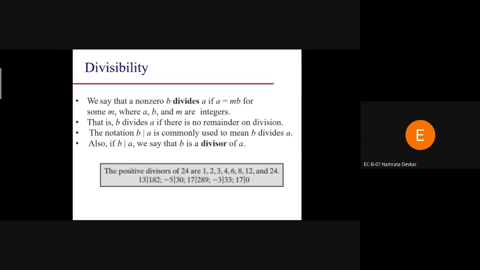The 24 can be divided by 1, also by 2, by 3, again 4, 6, 8, 12 and 24. So 24 divided by 24. These are the complete divisors of 24. That is called divisibility. In that case there should not be any remainder. If the number is totally divided, there is a zero remainder.